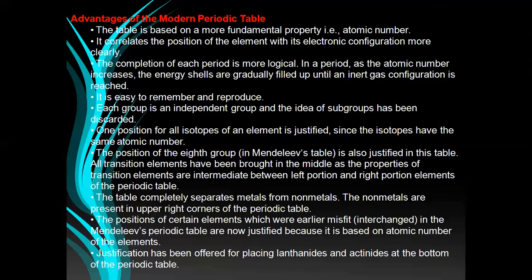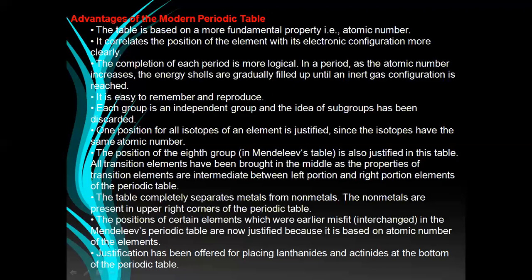In Mendeleev's periodic table, certain elements did not fit, that is, they were misfits, but in the modern periodic table the elements are fitted. So the next one is lanthanides and actinides.